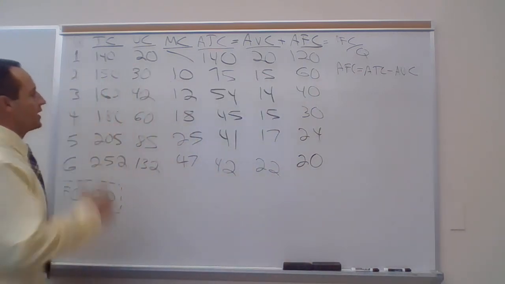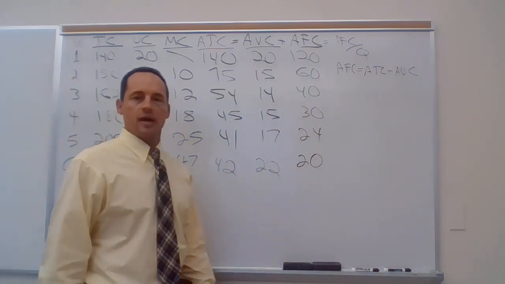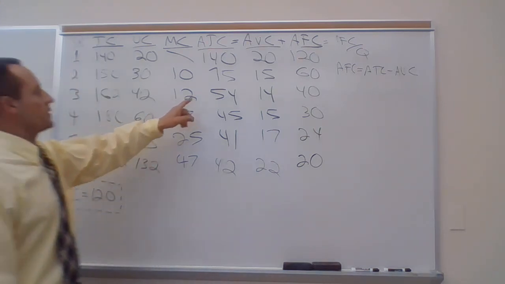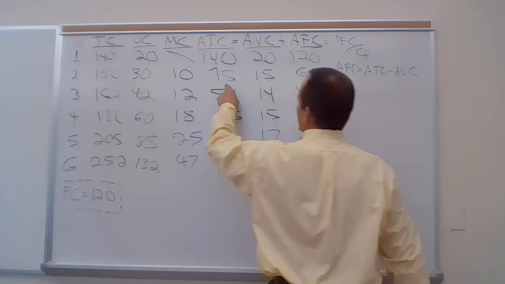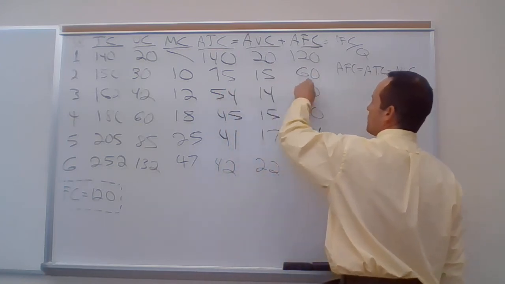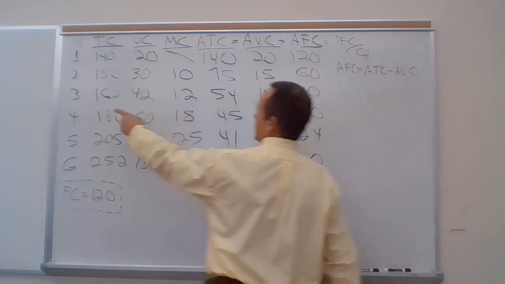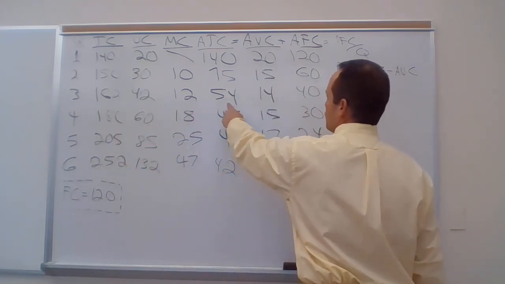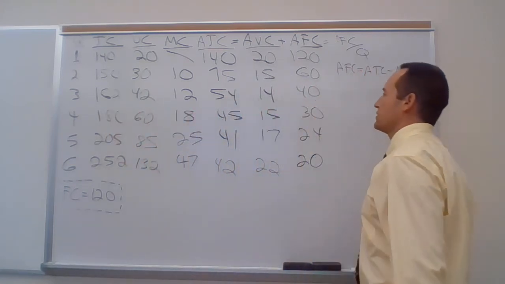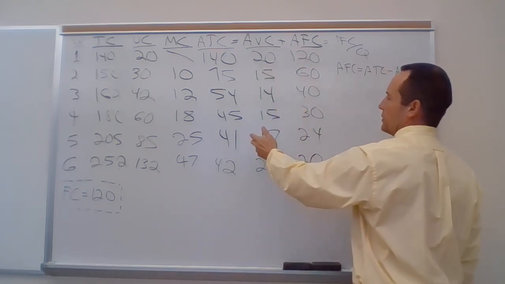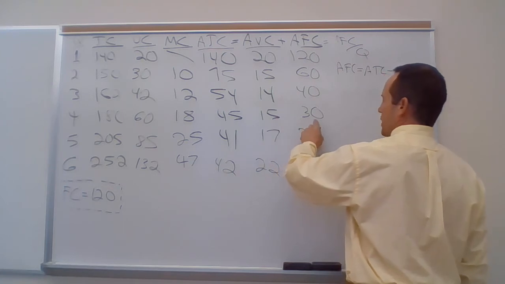And what can we find? Well, let's confirm things as I promised earlier. Taking a look. Here's ATC. Does it fit together? Is 75 15 plus 60? It is. Here's ATC at quantity 3 using the same method. Is 54 14 plus 40? Yes, it is. AVC at 4. 45 take out 30 equals 15.